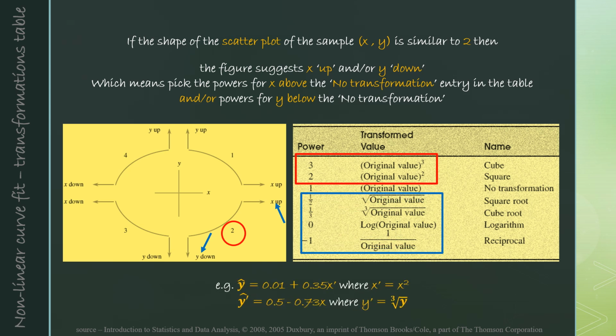Example, y hat equals 0.01 plus 0.35 multiplied by x prime, where x prime equals x square, or y prime hat equals 0.5 minus 0.73 multiplied by x, where y prime equals cube root of y.